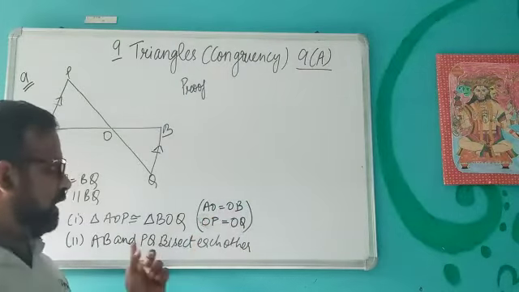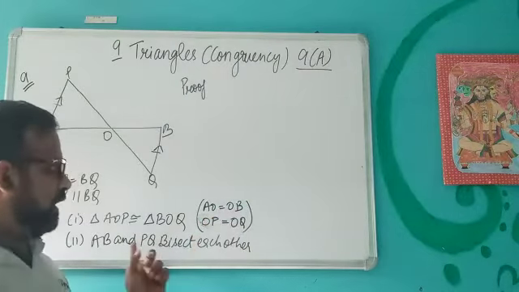Then this angle will be equal to this angle because they form a vertically opposite angle pair, and since these lines are parallel to each other, this angle will be equal to this angle by alternate interior angles. So we have two angles and a side, therefore we can prove these triangles as congruent to each other.